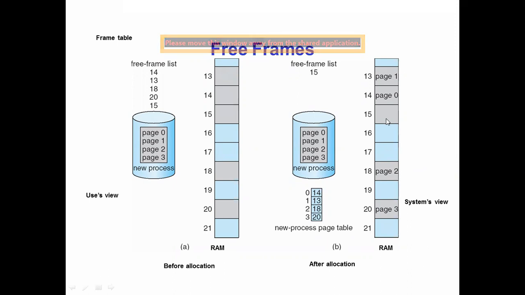And now these are the different parts or spaces left. If we are not going to use all of the space in these pages, then this is called internal fragmentation, if some space is left inside the page.